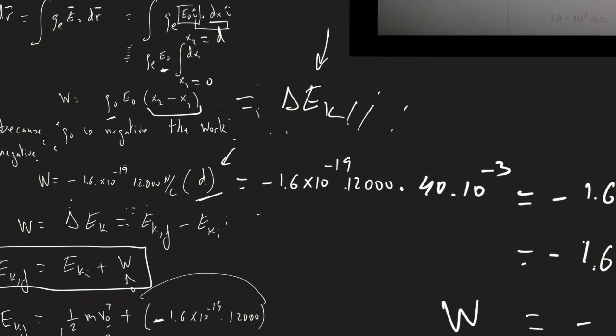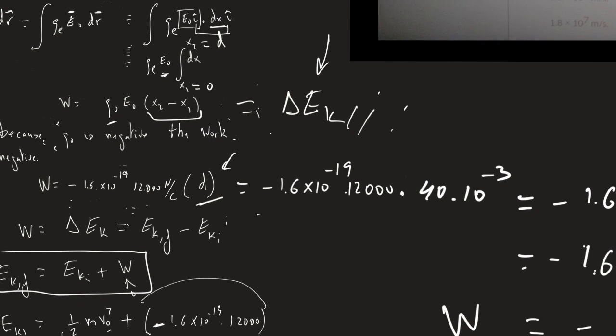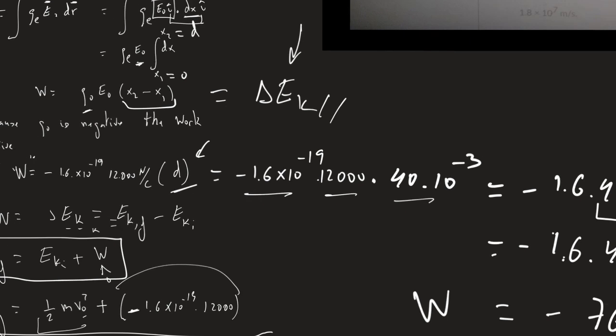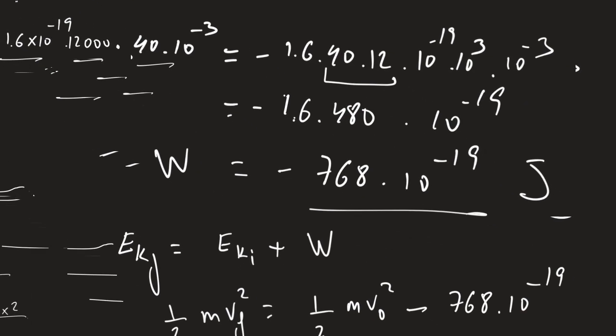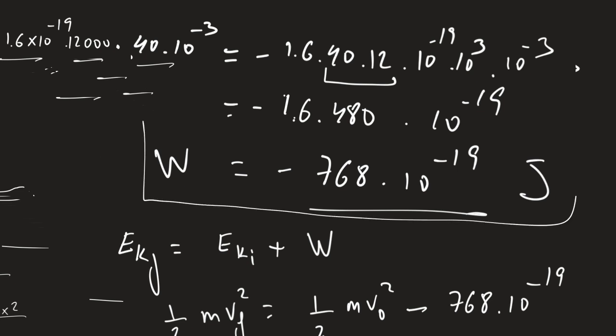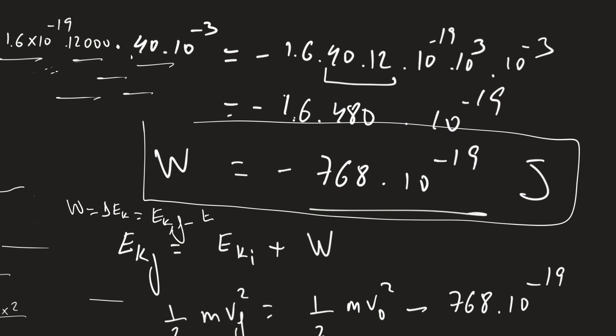So we find the work, and this is the work, Q times E times d. The work is the change in kinetic energy. It will be the kinetic energy final minus the kinetic energy initial.